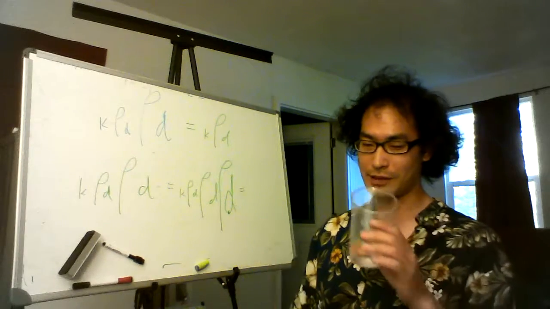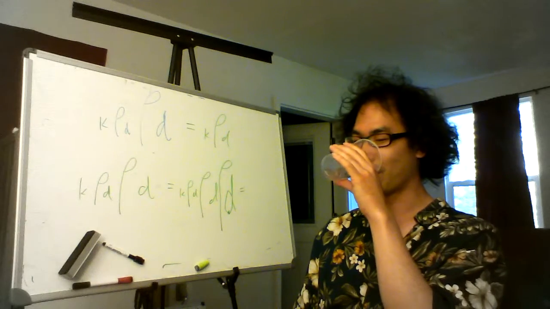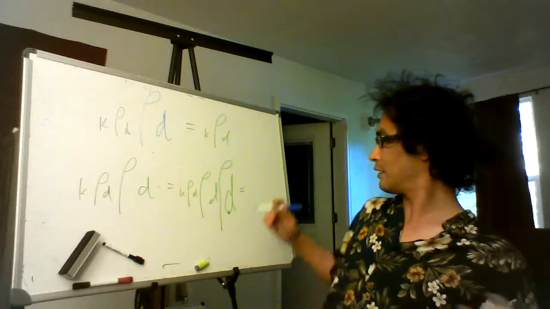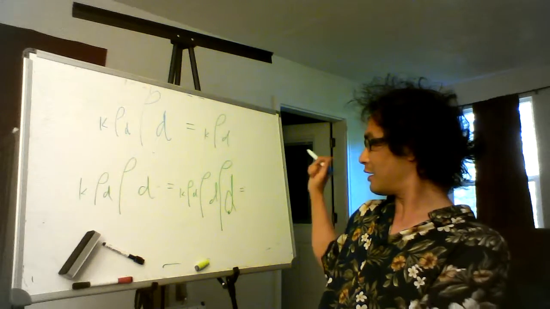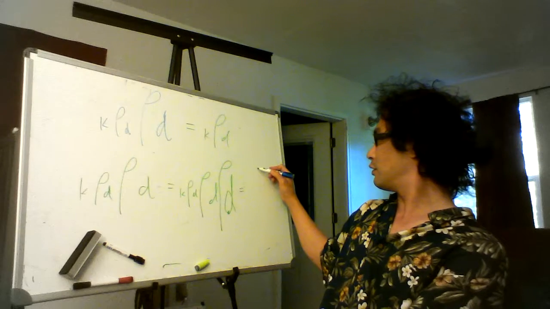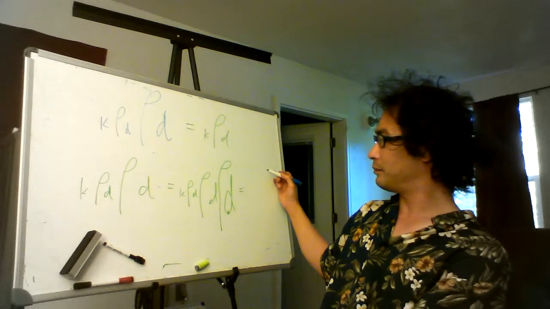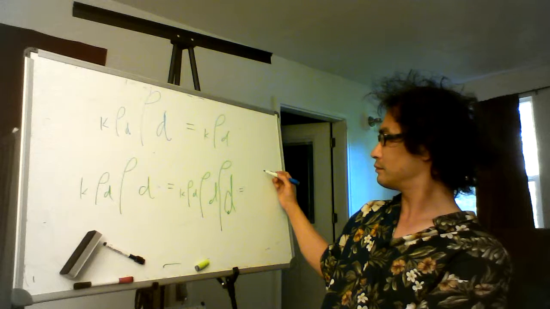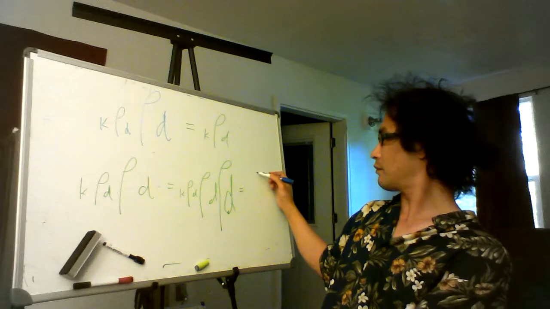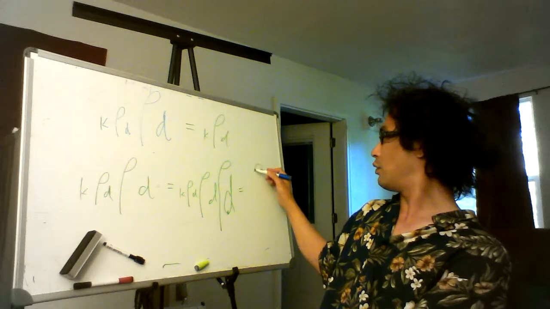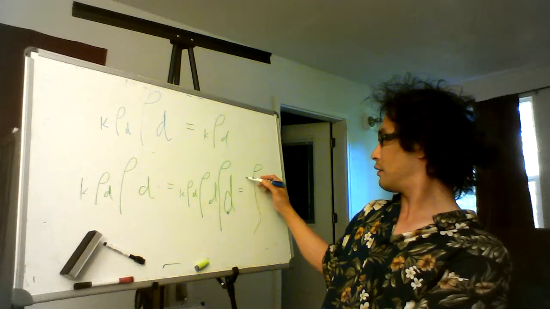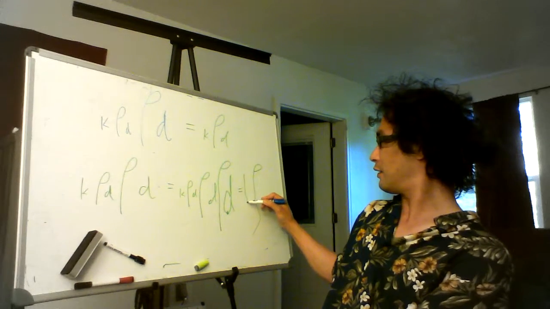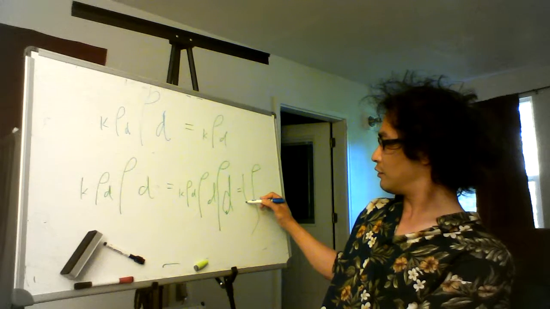We have 30 minutes left. This guy should be equal to rho, K, what's the lower level?